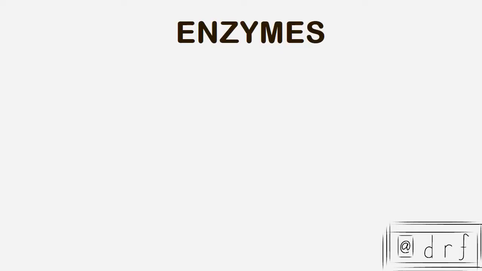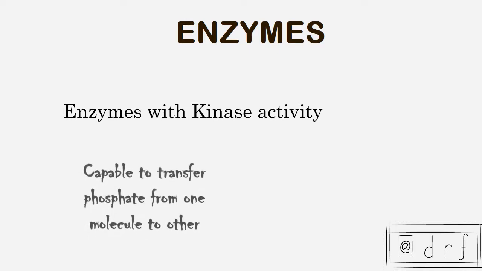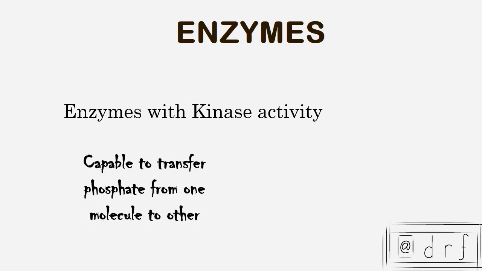Which kinds of enzymes do we need to see in glycolysis? The very first kind of enzyme that we need to learn is an enzyme with kinase activity. That means an enzyme that is capable of transferring a phosphate group from one molecule to another molecule.